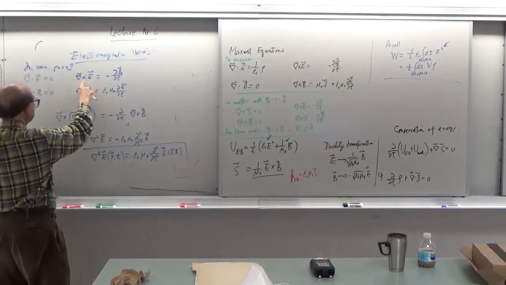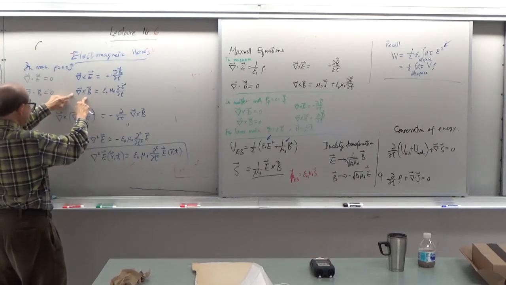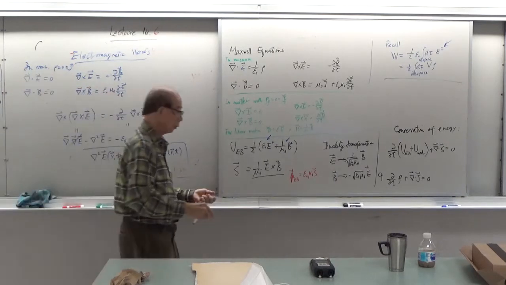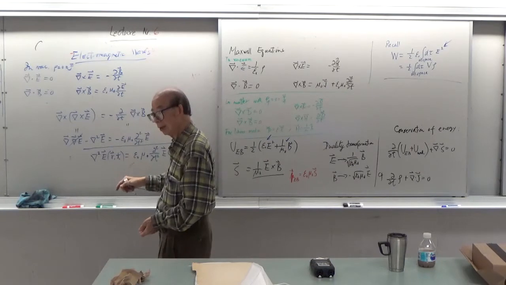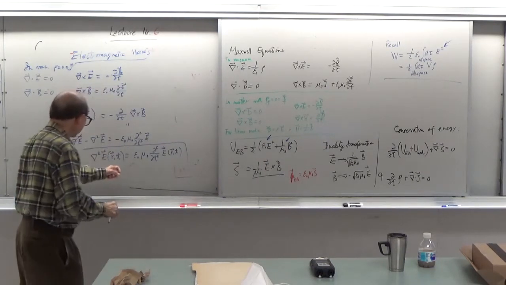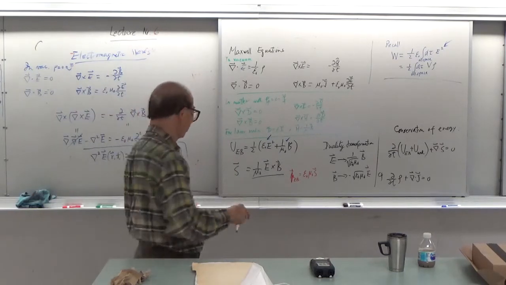We used this equation and took the curl, and we got this result. Of course, we can start with this equation, take the curl, and then do the same thing. We'll get an equation for B instead of E. Actually, we don't have to do that. All we have to do is to use this equation and make a duality transformation.